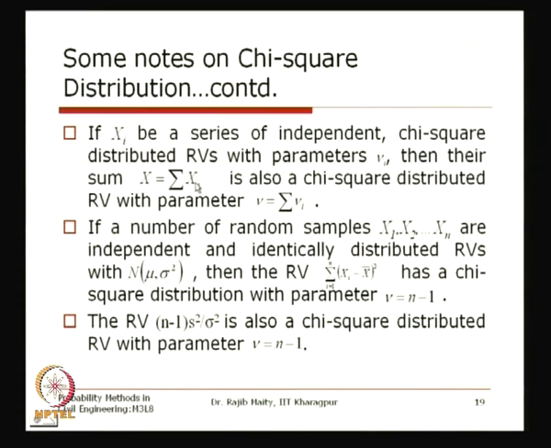This new random variable is also chi-square distributed, with the parameter equal to the summation of all those degrees of freedom.